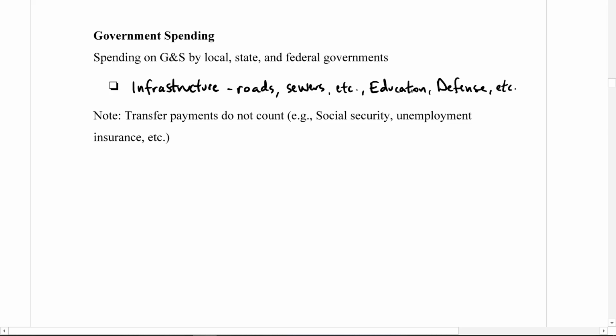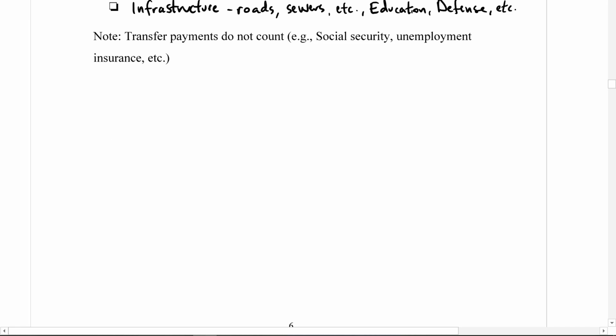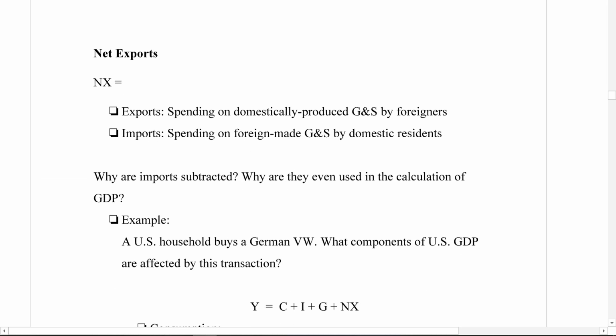That is not included in GDP. That's just a transfer. So remember, GDP is only measuring new production. So any type of transfer, whether it's Social Security, unemployment insurance, or other social programs that are transfer-based, that is not included in GDP. Okay, government spending.